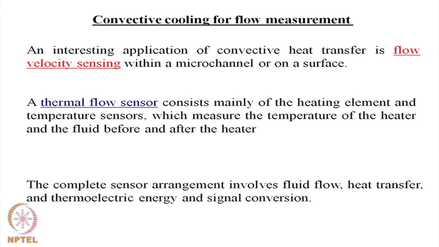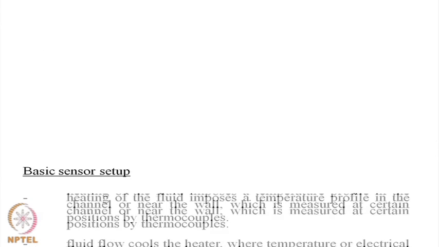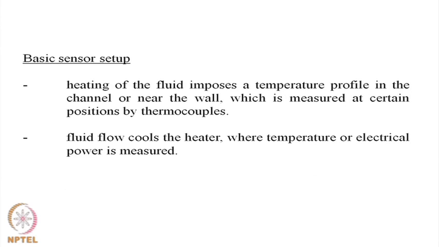situation. So, if we look at the complete sensor arrangement, it involves fluid flow, heat transfer and thermoelectric energy, and we will also need to do some sort of signal conversion in order to achieve this. So, the basic sensor setups can be of two types.